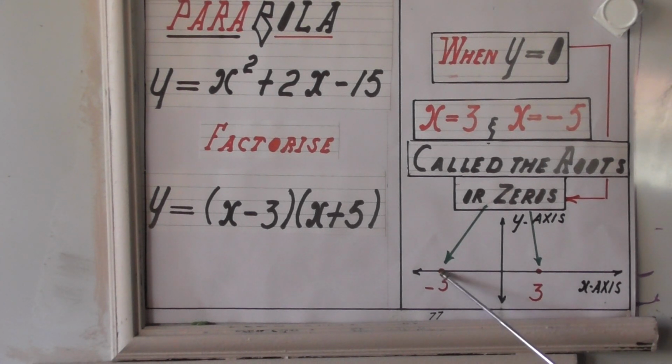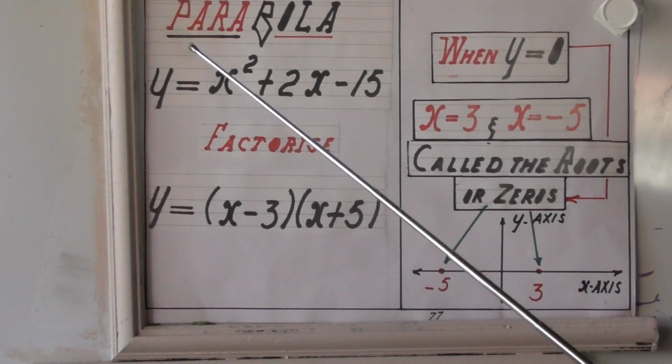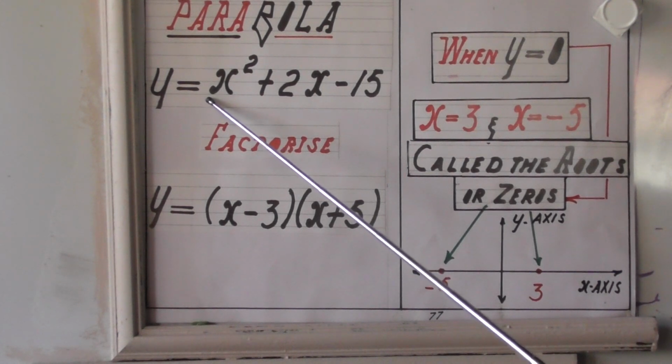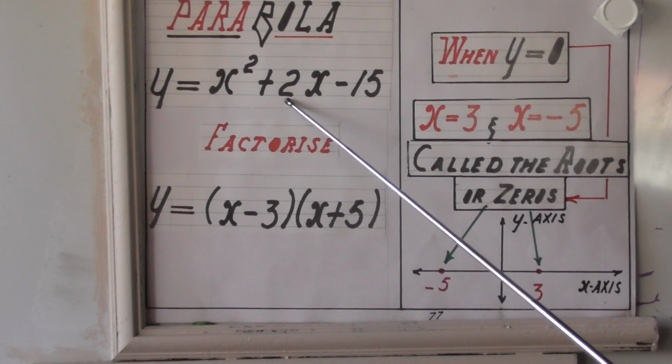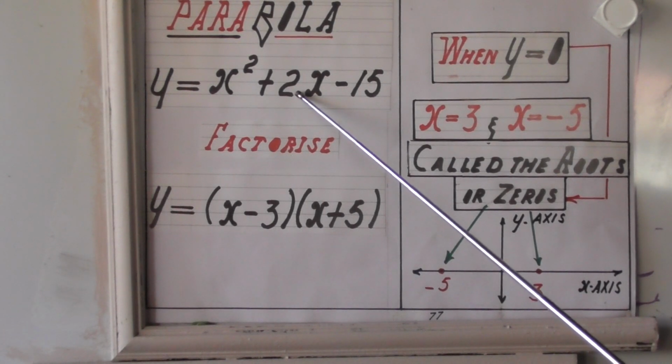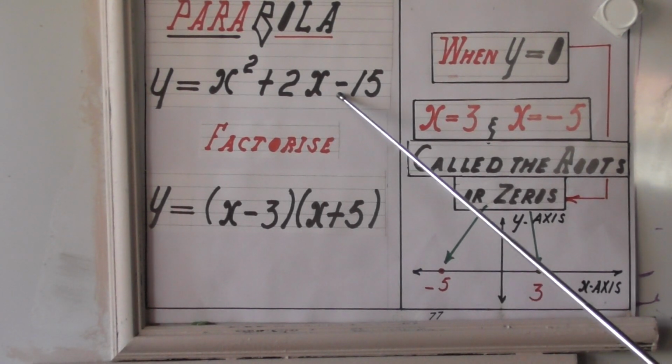Now, of course, the point in the middle of these two, the negatives are winning by 2. Half of negative 2 is negative 1. And if you put that negative 1 in here, that is -1 and -15.